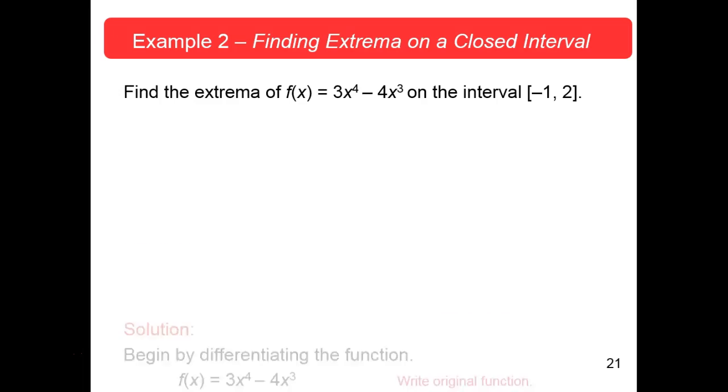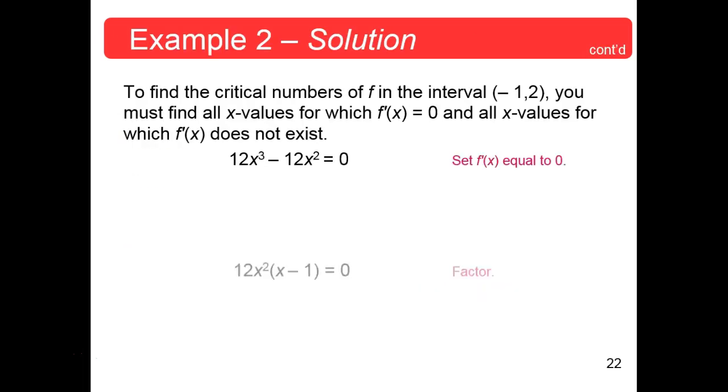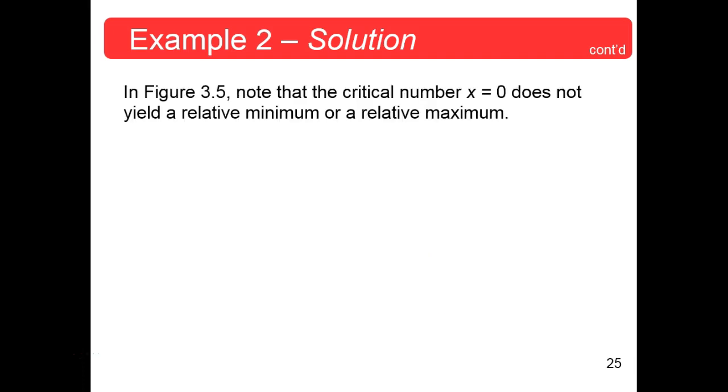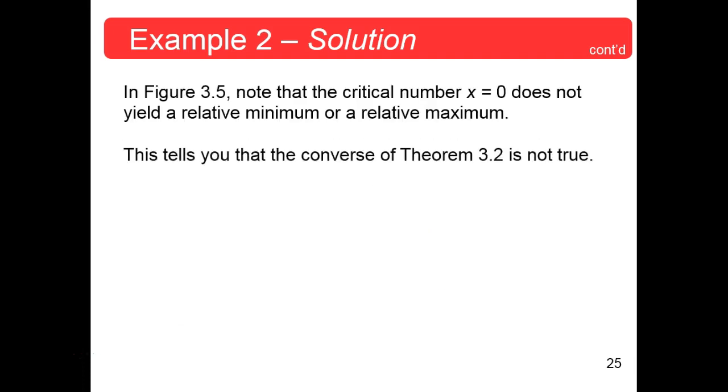Let's go back. They probably are going to say the same thing I just did. But this tells you that the converse of theorem 3.2 is not true. Just because it heads one direction doesn't mean it heads the other direction. That's what we mean by converse.